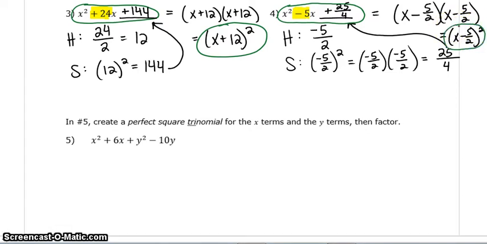I do want you to be aware that the way that I'm getting this number here and here to go in the parentheses with my x is I'm taking this half-it number. So notice in this example, negative 5 over 2 appeared here and here, so I can write it as a binomial squared. Same thing over here, the half-it number, the positive 12, is the number that was used when I factored.